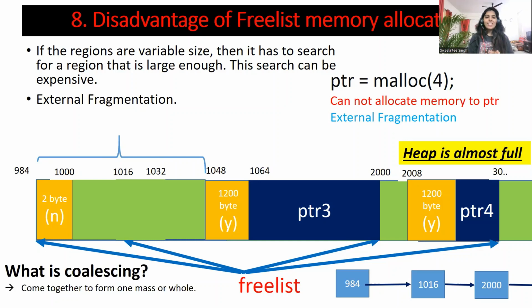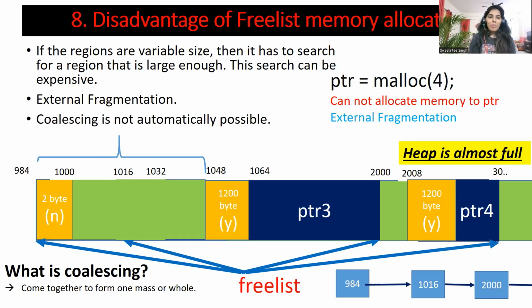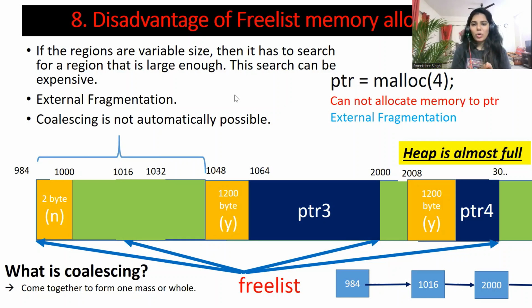So that is the concept of coalescing, coming together to form one mass or a whole. If this much memory is available, then we have around 6 bytes of memory, and the allocation malloc 4 requires only 4 bytes. So that is easily possible. It would have solved our problem.